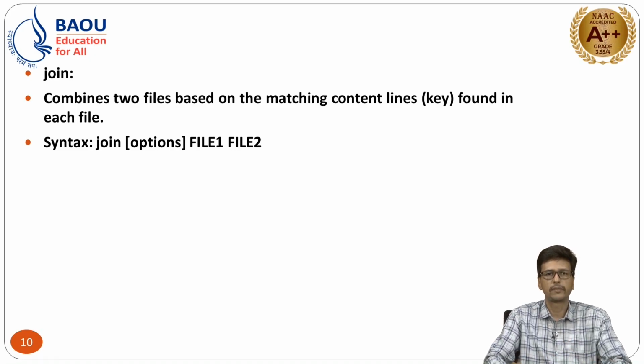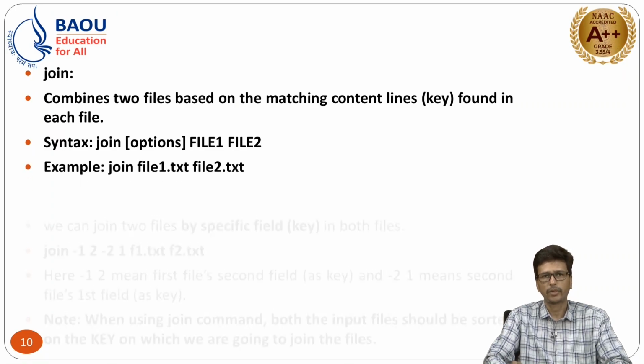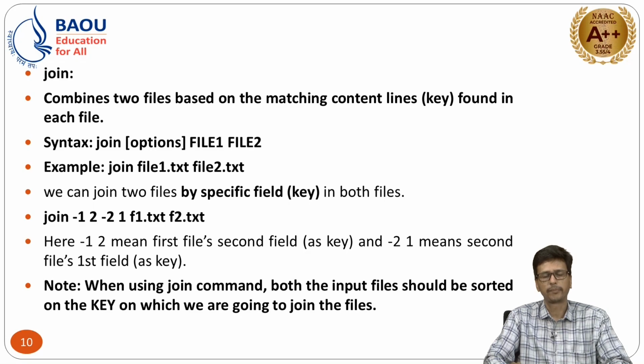Now the syntax is given on your screen: join, then -1 space 2, then file 1 and file 2. Here 1 represents the first file and 2 represents the key field, the second field.